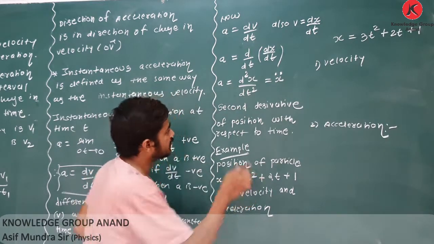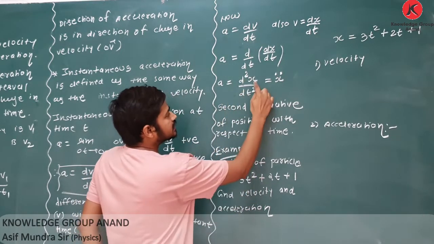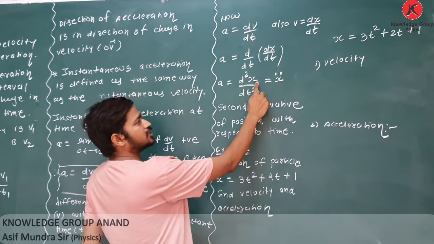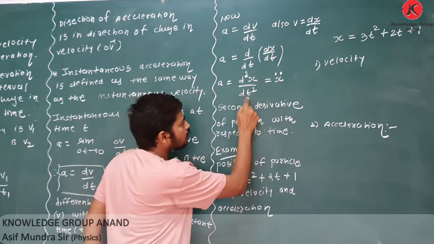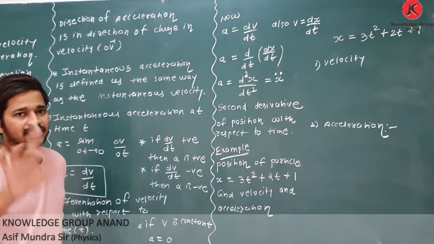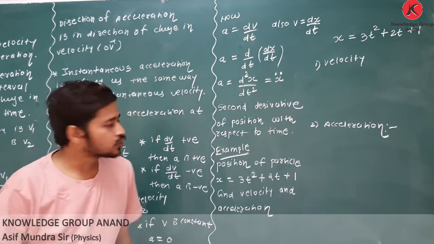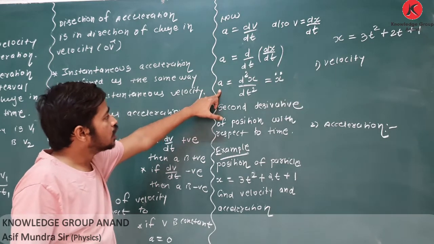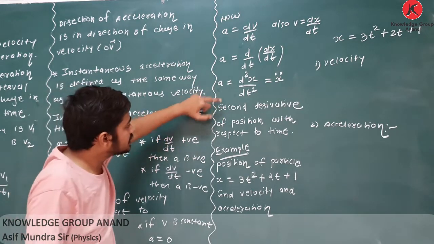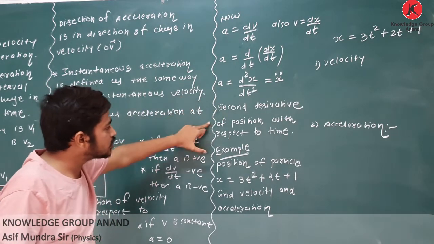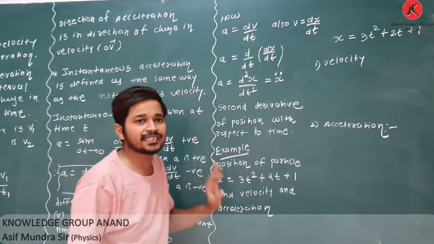See how to remember. d square x means second order derivative of position x with respect to time, and it is also denoted by x double dot. Clear? So it is acceleration. So we can say the second derivative of position with respect to time is called acceleration.